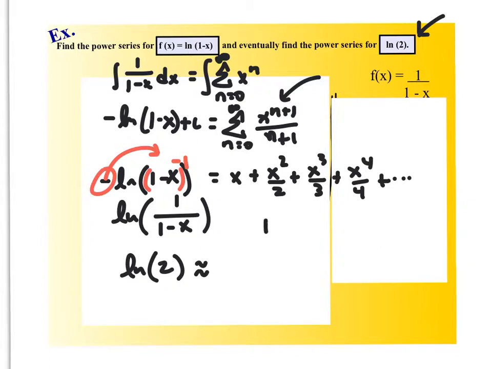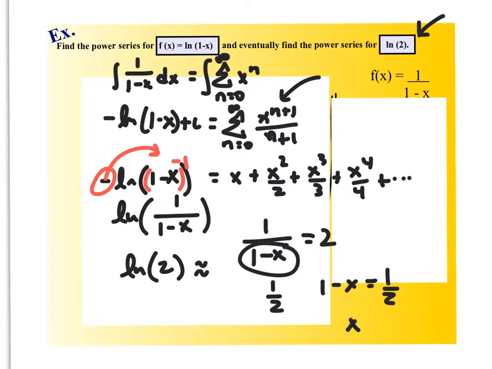Now, if I had 1 over 1 minus x and I wanted it to equal 2, the only way I could get that is if the denominator is 1/2. So 1 minus x has to equal 1/2, which means x has to equal 1/2. So in order to get the natural log of 2, we've got to plug in 1/2 for x.